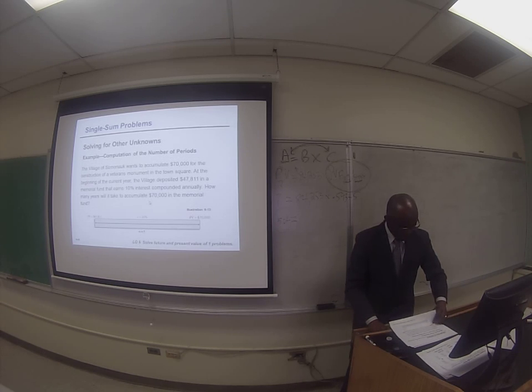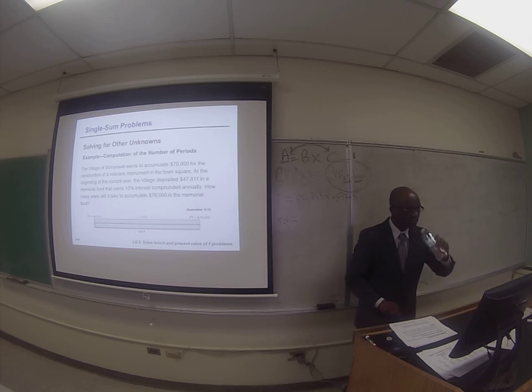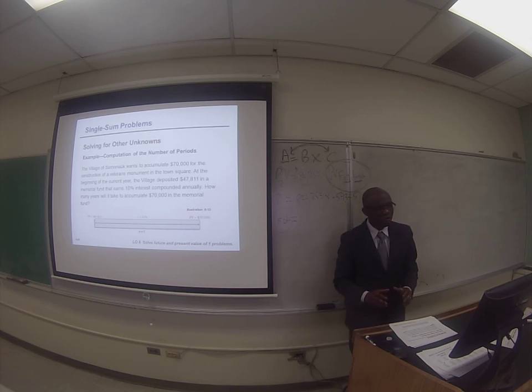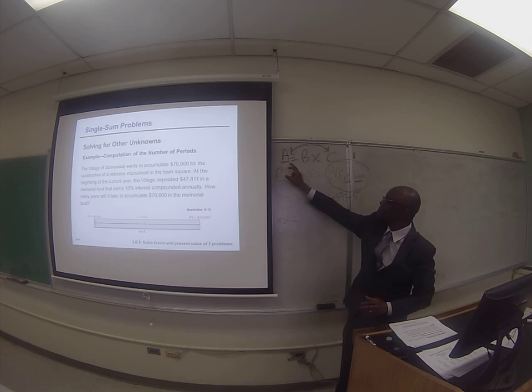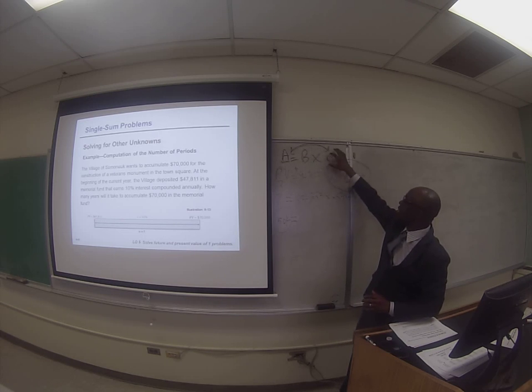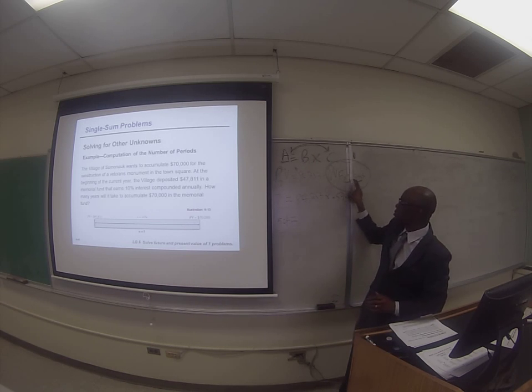Now, let's take a look at how we solve for other unknowns. This formula has 4 variables. We're breaking that into 3: A, B, C. The C component has 2 variables, and that is interest rate and the period.